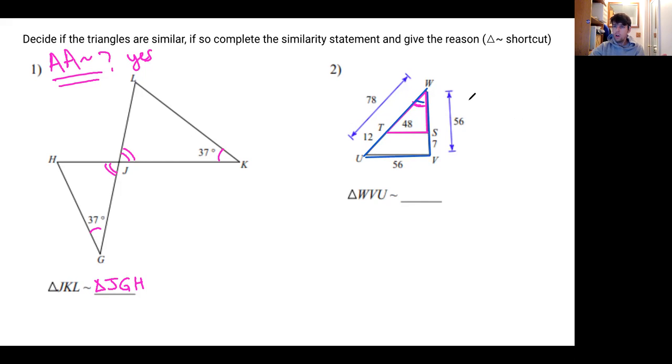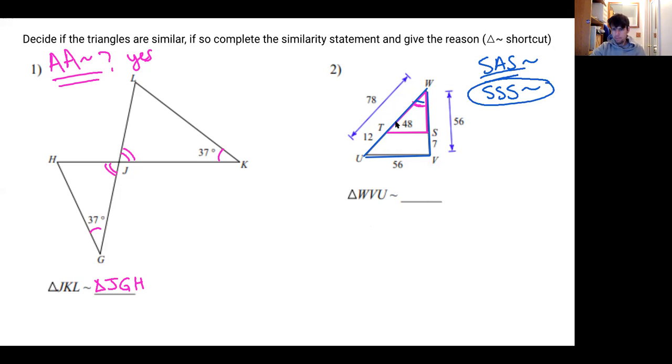So we could go ahead and try to apply SAS and see if that works. Also, it does look like we know basically all of the side lengths here, so we could just go ahead and go with SSS. Doesn't really matter. I guess technically we already know the congruent angle, so it might be a little bit easier to do this. I think I'm just going to do SSS, though, just to pick a method.